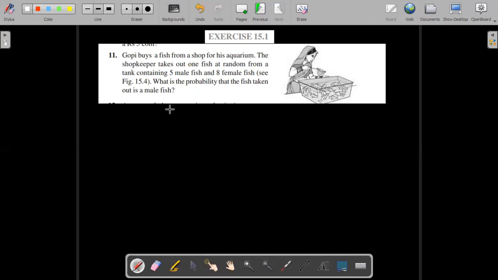Very easy one. Total number of fish in the tank, we know, is equal to 5 plus 8. 5 male, 8 female, so total is 13.